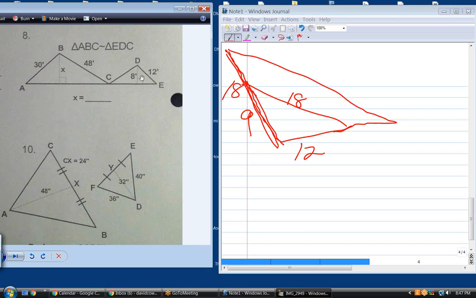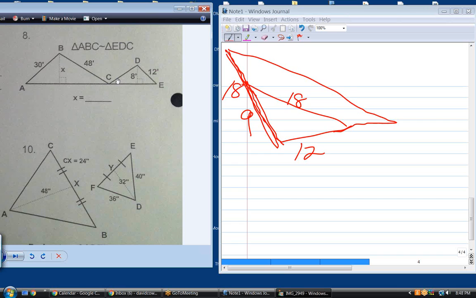Well, if A is equal to E, and B is clearly equal to D, so C, which is actually this angle, is equal to this angle, which is also C. In other words, if I separate these two, this would be ABC, and this angle would be C. If I separate this triangle, it's going to be EDC, and that angle is going to be C also.